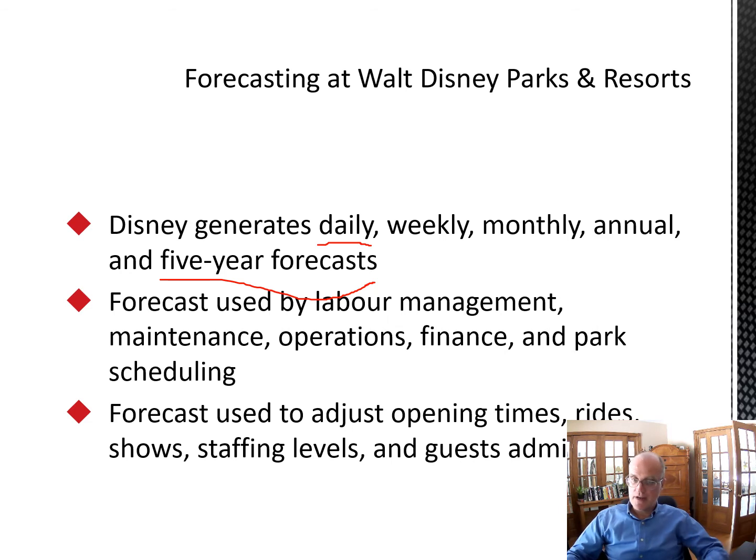Labor management, maintenance, operation, finance, park scheduling. Forecasts are used in all aspects of the business. It doesn't say marketing here, but Disney, if they anticipate a decrease, may actually increase their investment in marketing just to get more people coming to the park. And they do adjust opening times, rides, shows, staffing levels, and guest admission.